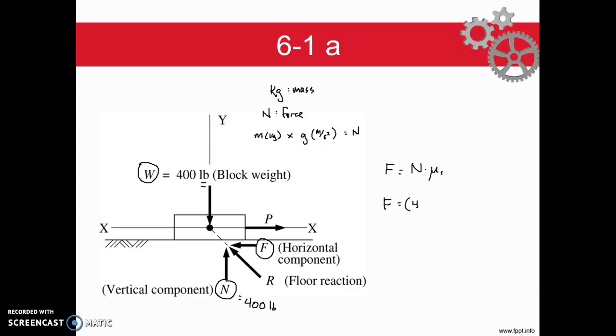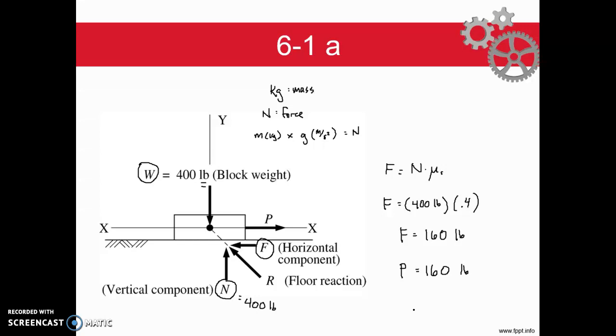So that's going to be equal to 400 pounds times 0.4, which is 160 pounds. So the friction force is 160, which means we can apply a force P up to 160 pounds, and this will remain in static equilibrium.